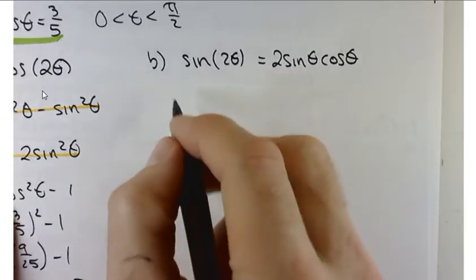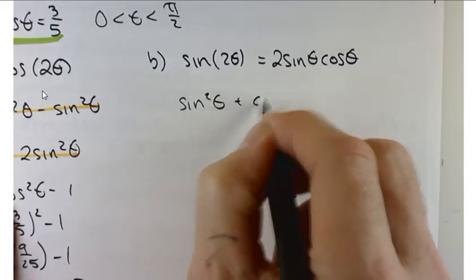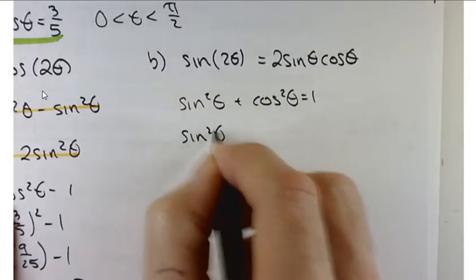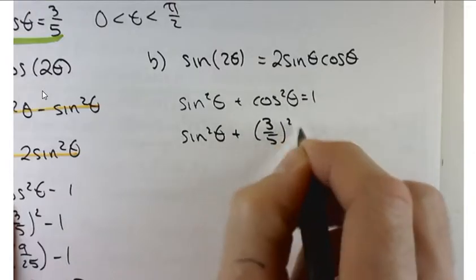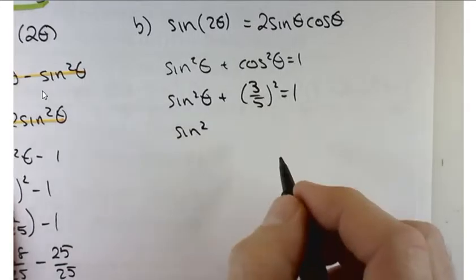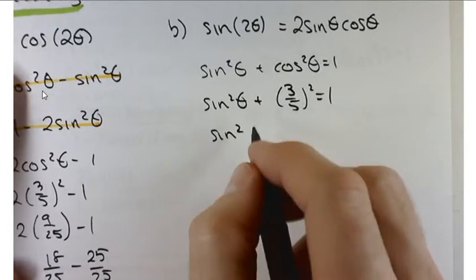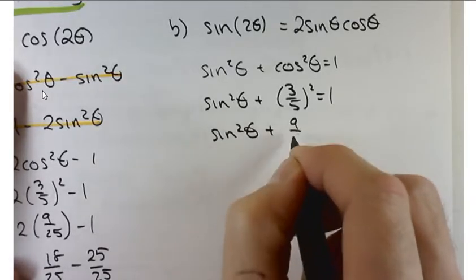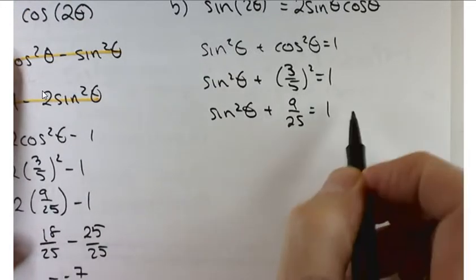Pythagorean theorem again, right? Sine squared of theta plus cosine squared of theta equals 1. Sine squared of theta plus (3/5) squared equals 1. That's cosine of theta. That was what was given, right? So, no, didn't pull it out of the air. So it's going to be sine squared of theta plus 9/25 equals 1. Move that to the other side.